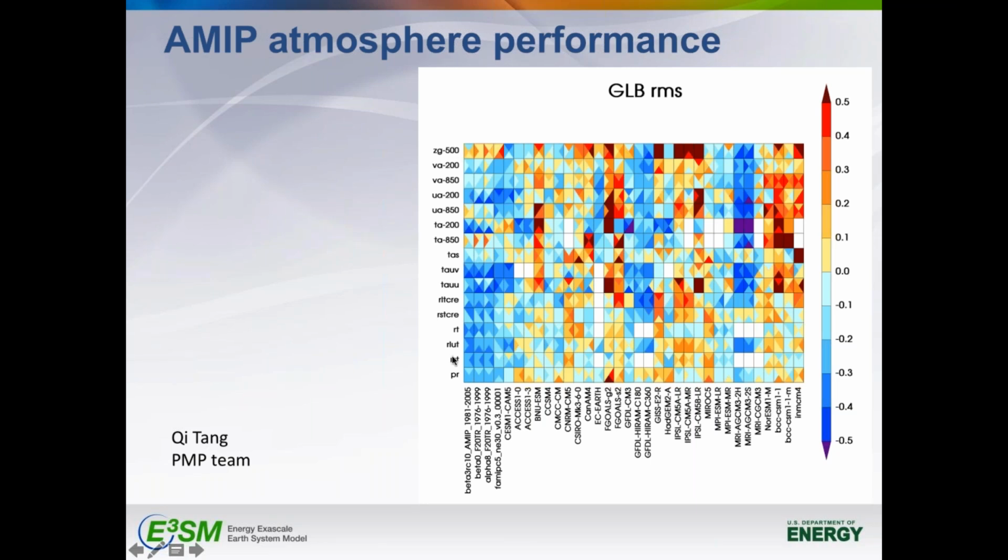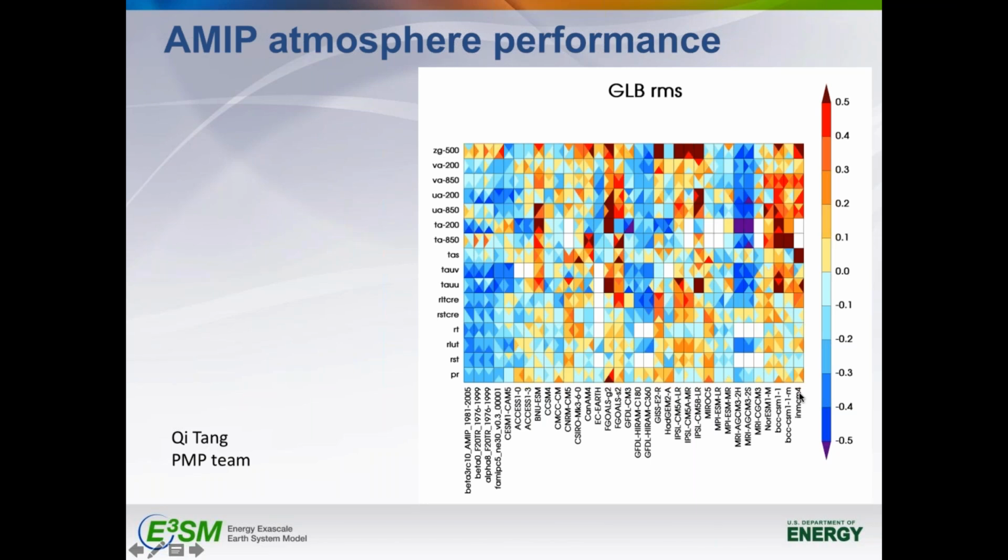And then the various rows show different variables. At the bottom, you have precipitation, shortwave, longwave, and so on, all the way to some dynamical variables, U-wind, V-wind, geopotential. And the coloring gives you the relative performance of the global RMS compared to the ensemble of CMIP5 shown starting from this column to this column.